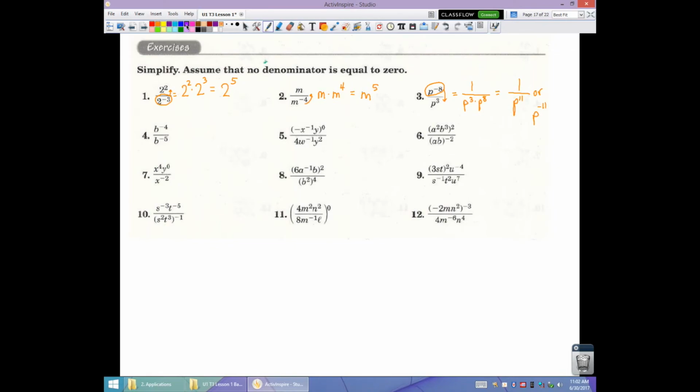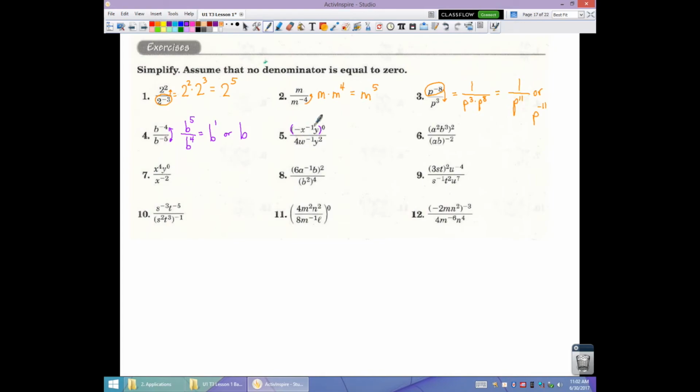Okay. In number 4, since both of these are negative exponents, they can just switch places and turn both of them positive. So b to the 5th in the numerator, b to the 4th in the denominator, which is, when we simplify, b to the 1st or b. Okay, and number 5, anything to the 0 power is 1.